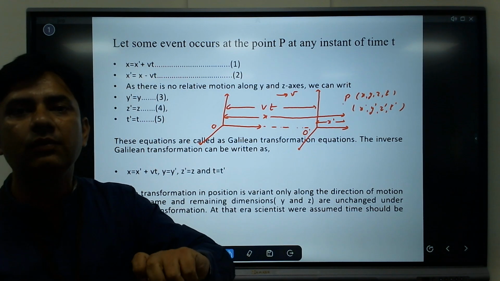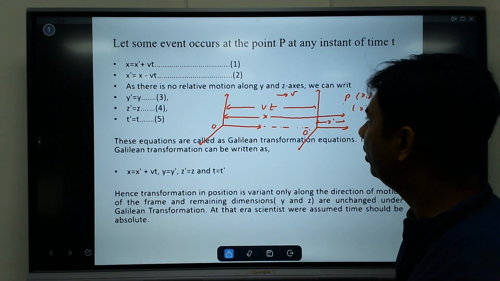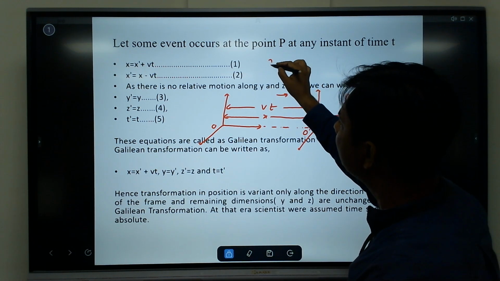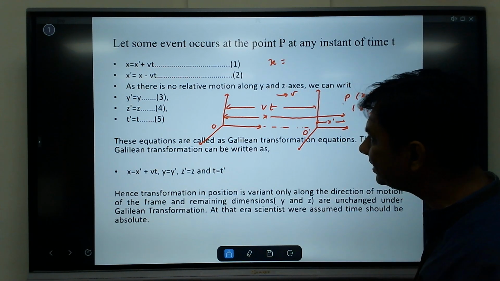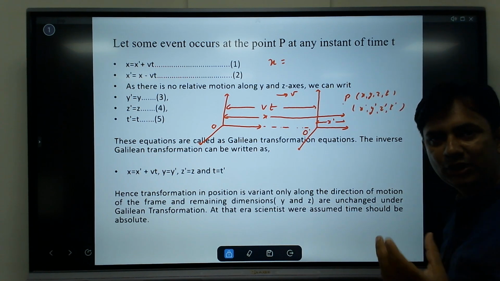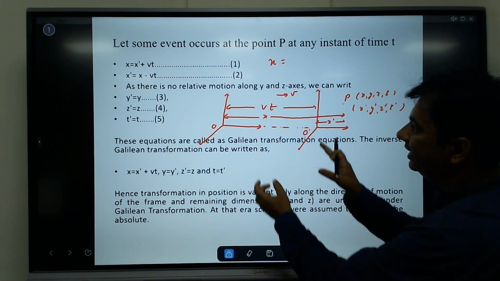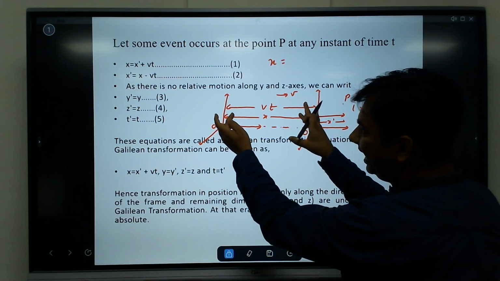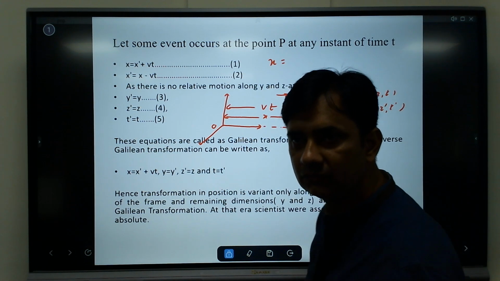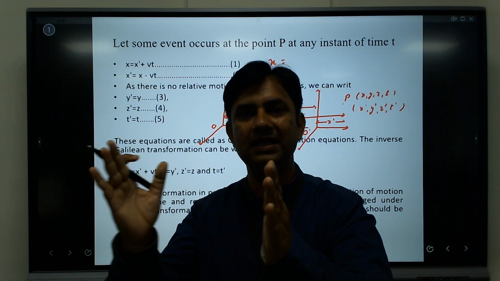So how can we formulate it? We will formulate it like this, which is very important and very easy. So this is my complete distance or displacement, we call it x. The question is how is this x made up? We can say that if we add this distance with this, we'll get the answer. We know this distance and we know this distance.